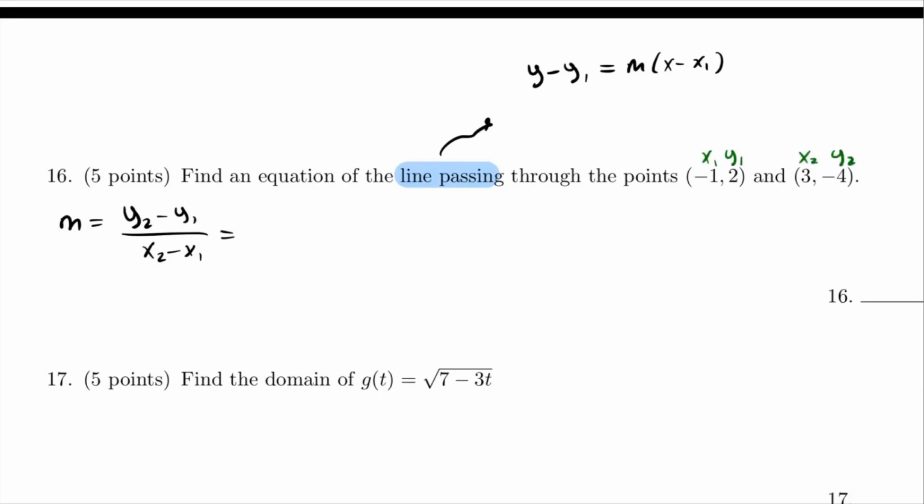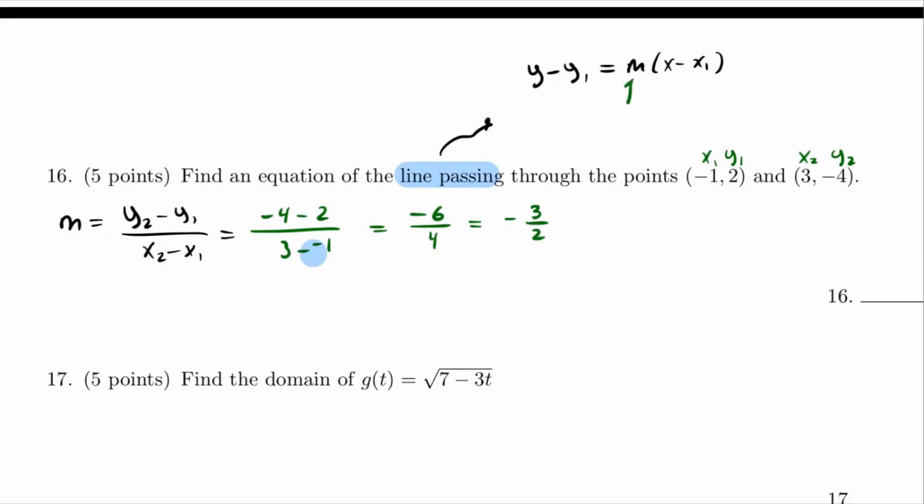Call this x2, y2. So plug them into our slope formula. You got negative 4 minus 2 over 3 minus negative 1. So very carefully plugging them in. The negative 4 minus 2, that's negative 6. And then 3 minus minus, so this is going to be plus 1, that's 4. So the slope will be negative 3 over 2.